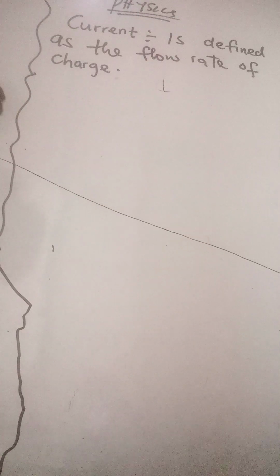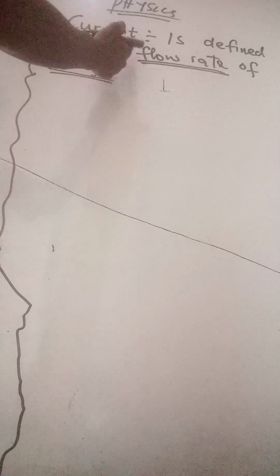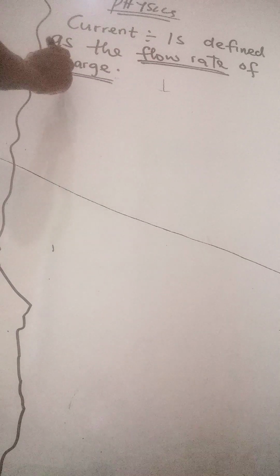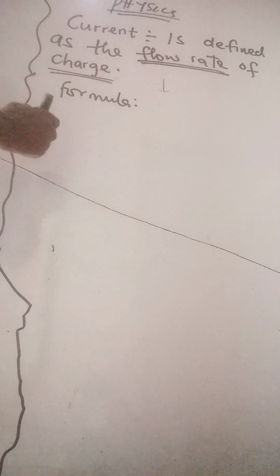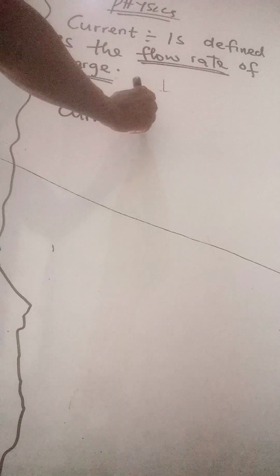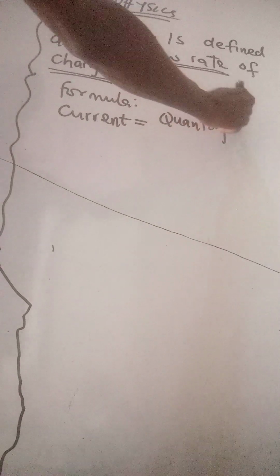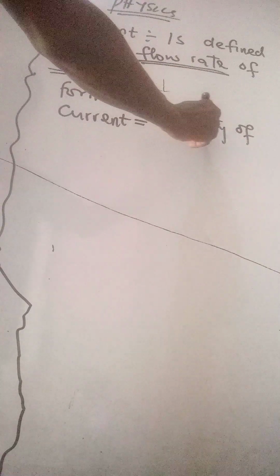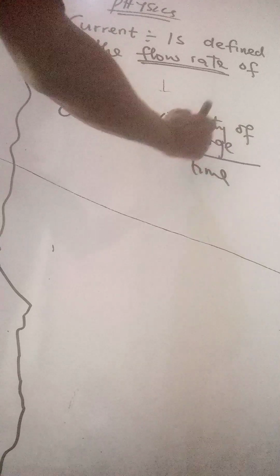Current is defined as the flow rate of charge. From this definition, we can bring out a formula, and that formula means current equals quantity of charge over time.